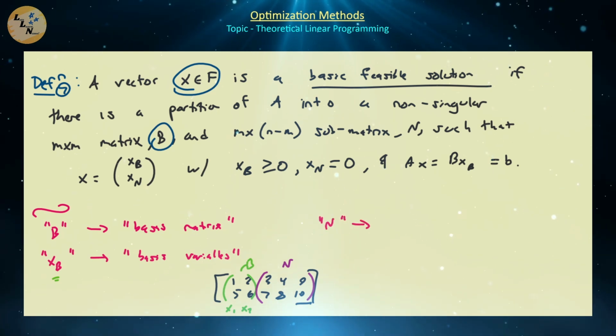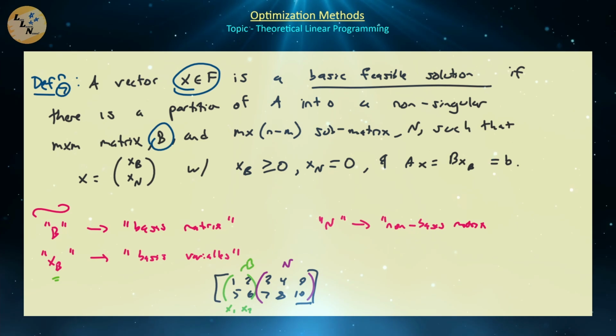N is going to be called the non-basis matrix. So the matrix A is partitioned into a basis matrix and a non-basis matrix. And there are variables associated to that non-basis matrix, because that's going to be x3, x4, and for example, x5. Those are going to be our non-basis variables, so let's give that a name. That's going to be x_N.